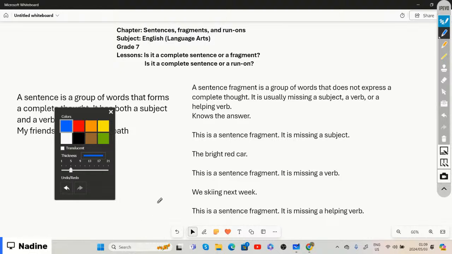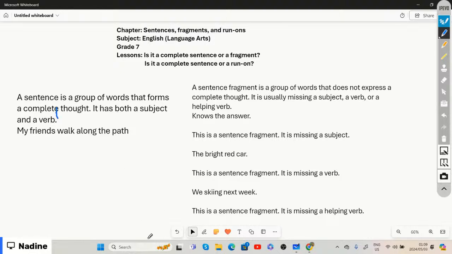All right. So now, when we look at sentences, a sentence is a group of words that forms a complete thought. And when we have a sentence, it has a complete subject and it has a verb.